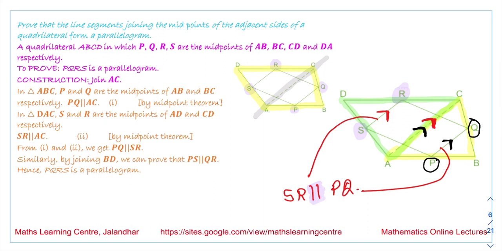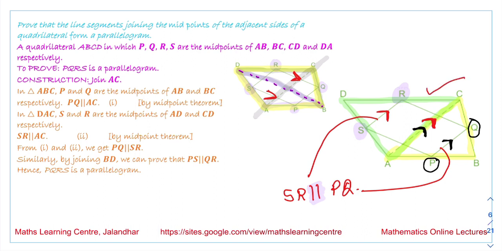Now similarly, if we do the construction and join these 2 points D and B, then by considering the triangle DCB and the triangle DAB, we can prove that RQ and SP are also parallel to each other.